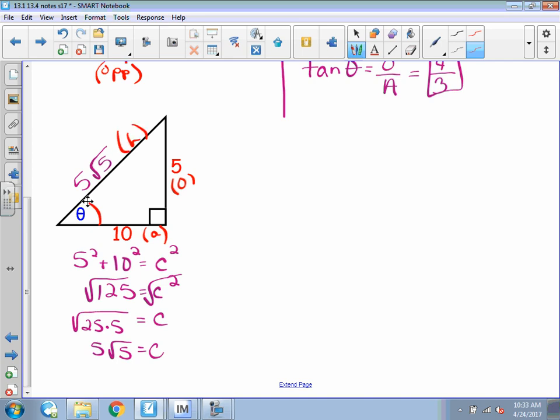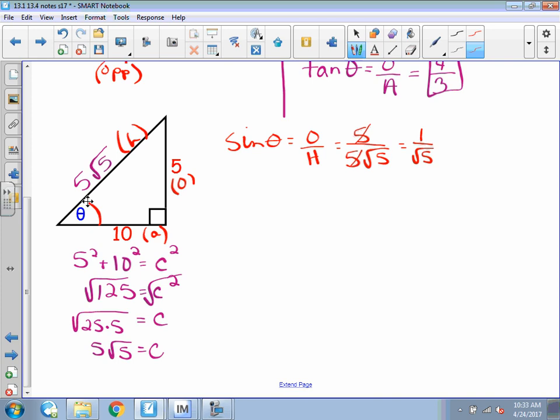Okay? So sine of theta is opposite over hypotenuse, which is 5 over 5 square roots of 5. What happens to these 5s? They cancel, right? So that just leaves me 1 over the square root of 5, but I can't leave it like that. So how do I get rid of the square root of 5?